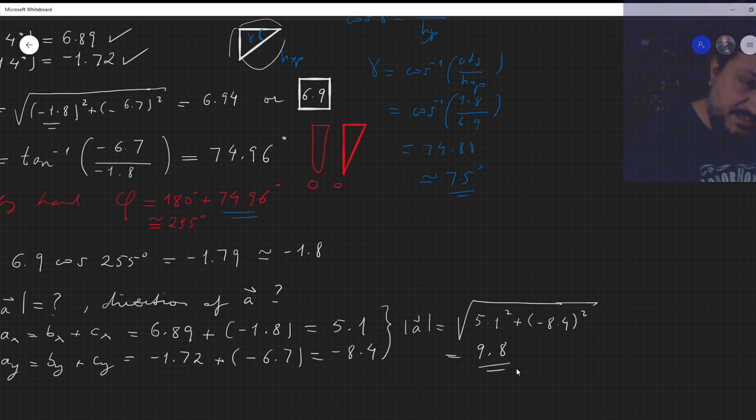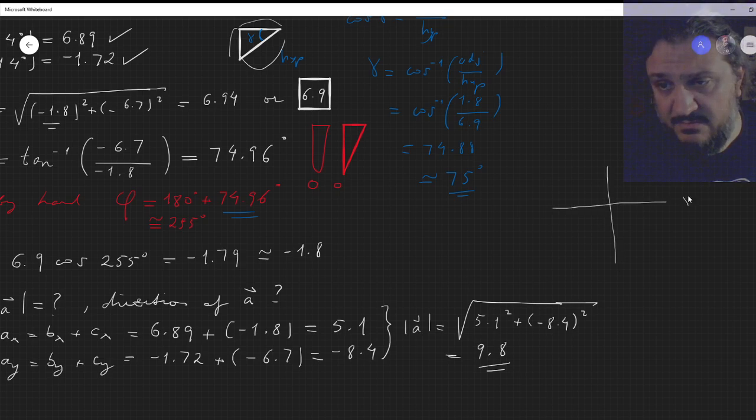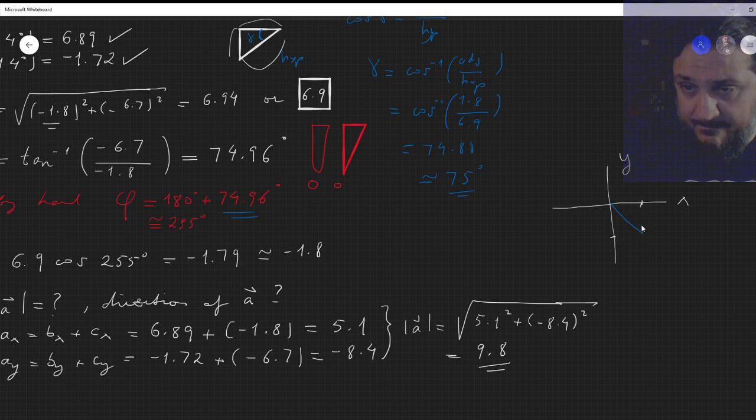That is the magnitude of the sum. What about the direction? Now, which quadrant are we talking about? Ax is 5.1, somewhere here, and Ay is negative 8.4, over here. So we're talking about the fourth quadrant.